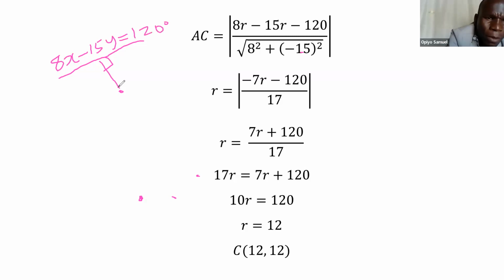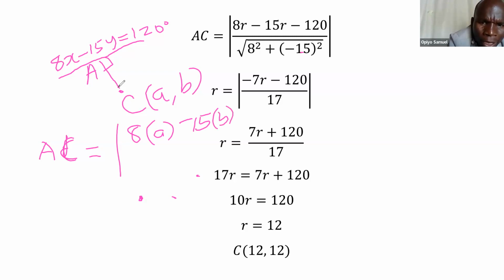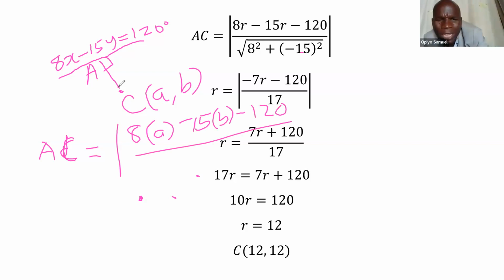So if this is our point C and this is point A on the line, and the coordinates of C are (a, b), then the distance AC is given by the modulus of 8 times a, the x coordinate of the center, minus 15 times the y coordinate of the center, which is b, minus 120, divided by the square root of 8 squared plus negative 15 squared.